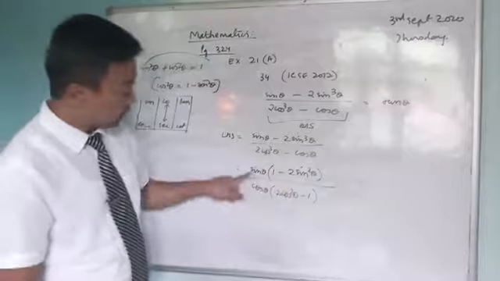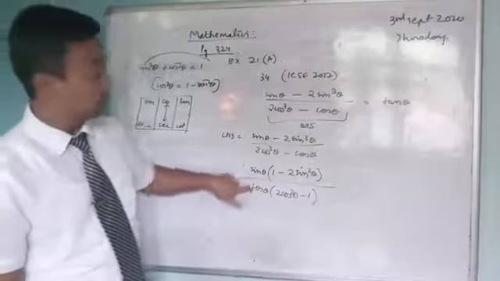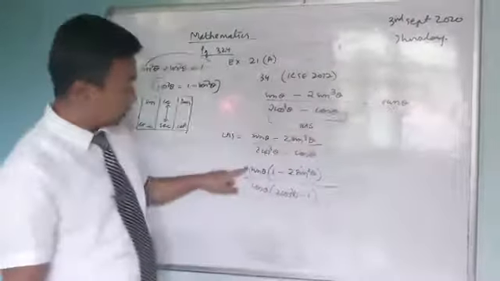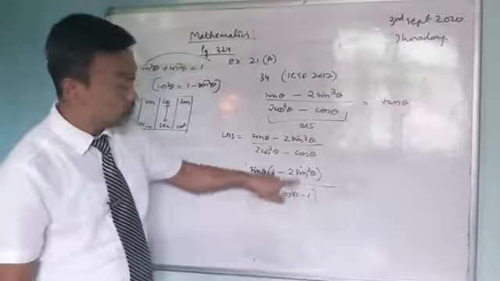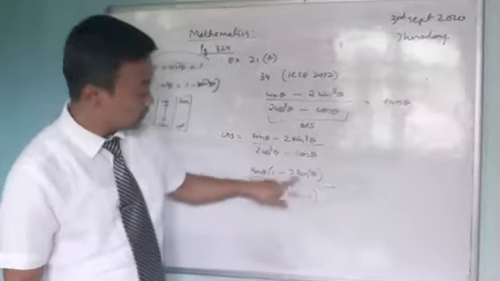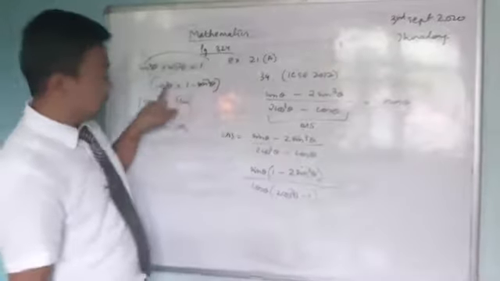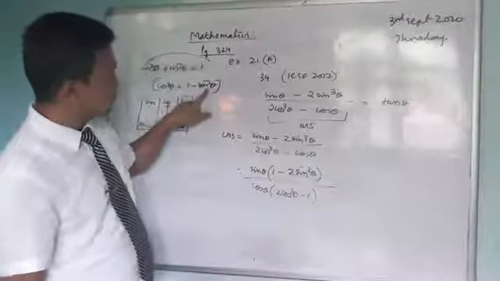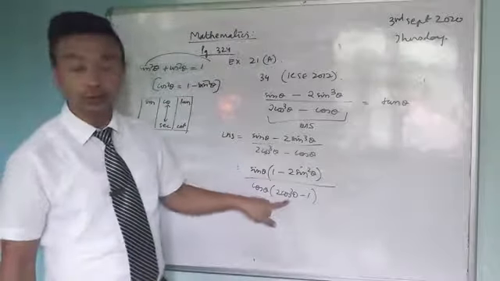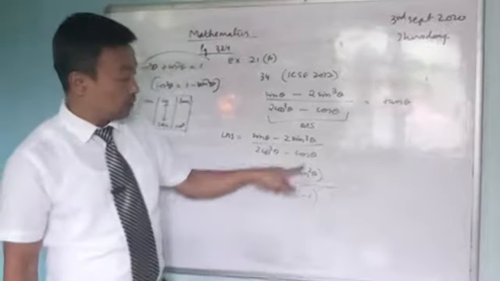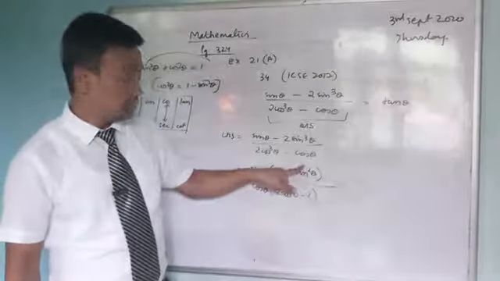Now, sine by cos, we have learned in the formula, it is tan. So we have already got this, but these 2 need to be removed. For that, you have to use this formula. See, cos square theta is 1 minus sine square theta. So here you can use this. Sine square theta, you will not use the formula.